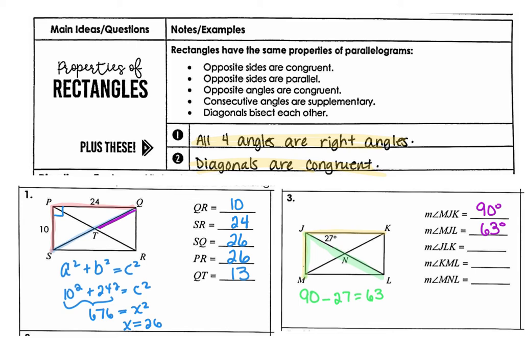All right, the next one it asked for. So after this one, it's going to ask me for JLK. So they want JLK. All right, so if I look at JLK, now I have to use my knowledge of parallel lines. All right, if these are parallel lines, that means that J to L is a transversal.